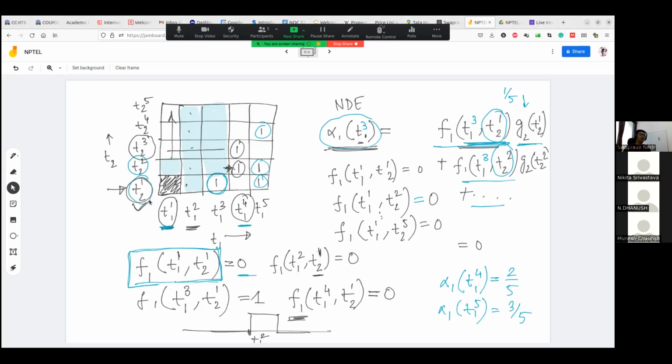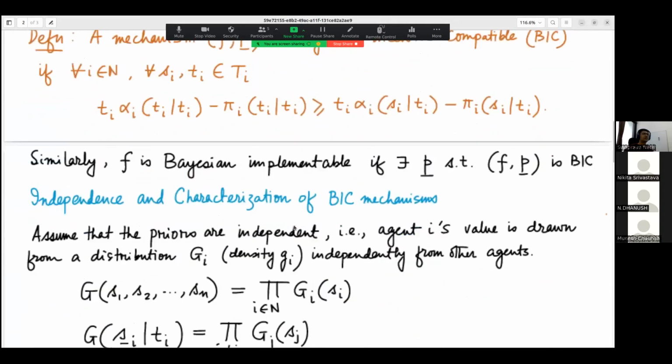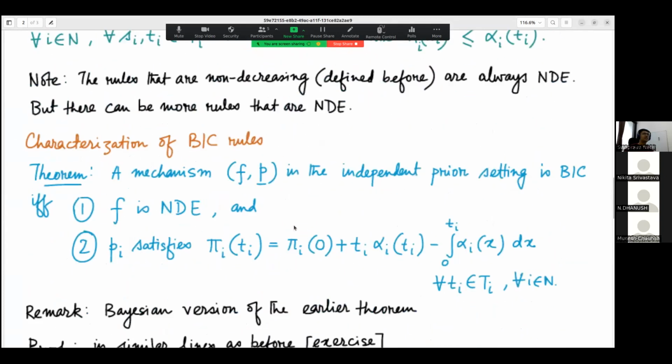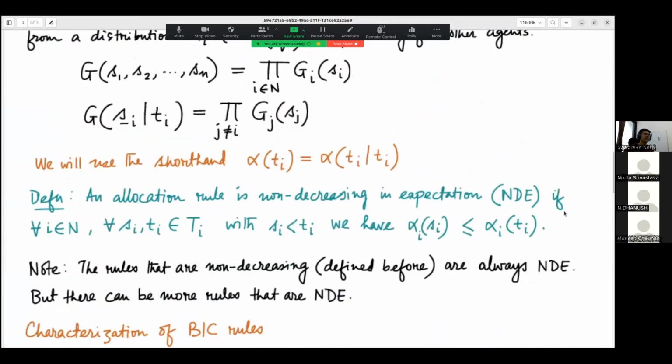It depends on what you are going to claim. If you are saying that this function is not non-decreasing, or not non-decreasing in expectation, it's sufficient to just check for one player, because look at the definition. The definition of non-decreasing in expectation is: for all players i, and for all Si, Ti such that Si is less than Ti, you have this inequality.